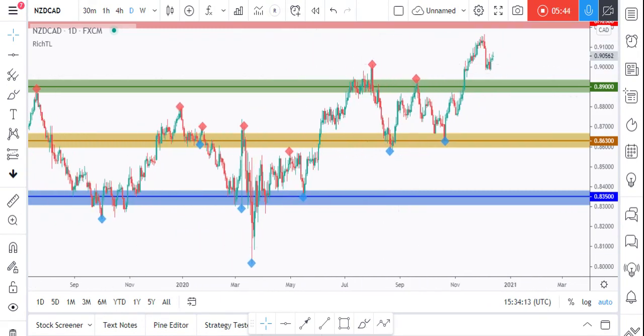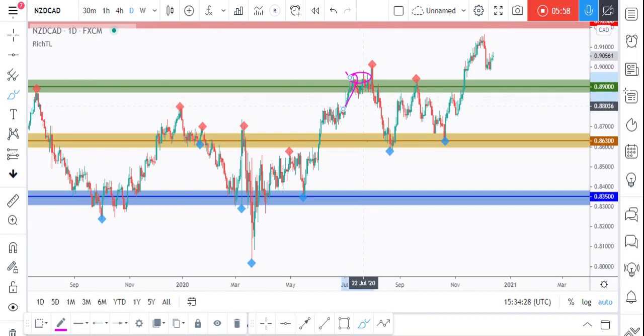As I always say, support and resistance are areas on our chart and not laser lines. So when price breaks it upward, it wouldn't be a good idea to buy immediately, as price would be overextended and sitting in an overbought area. It wouldn't be a fair price to buy. You would be buying too late.